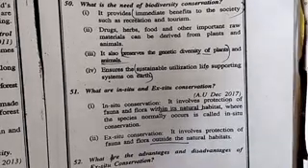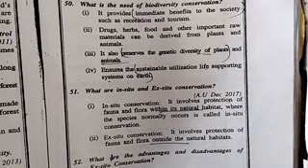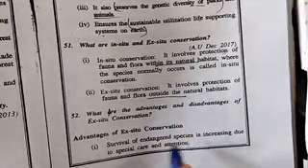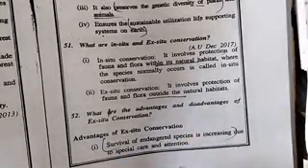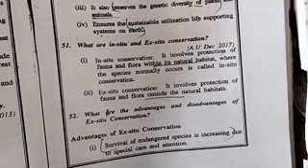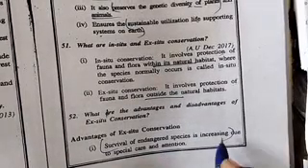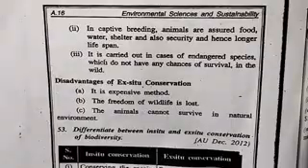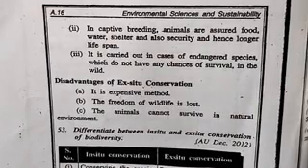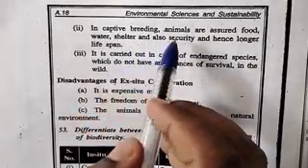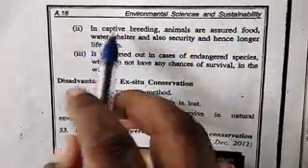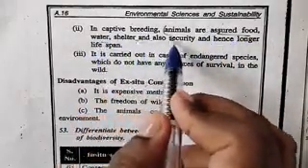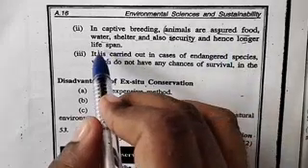Next, what are the advantages and disadvantages of ex situ conservation? Advantages: survival of endangered species is increasing, due to special care and attention. Next, in captive breeding, animals are assured food, water, shelter, and security, and hence have a longer lifespan.